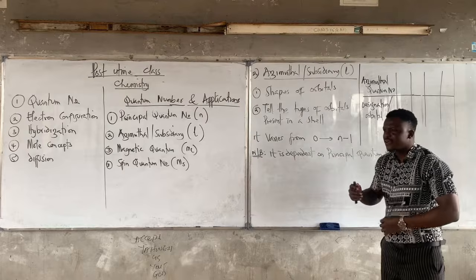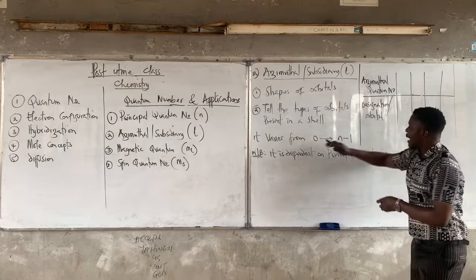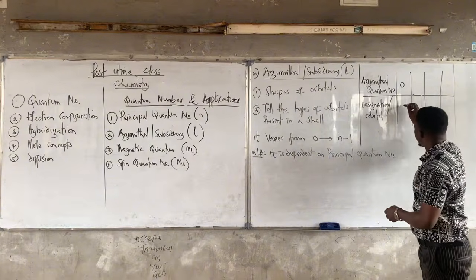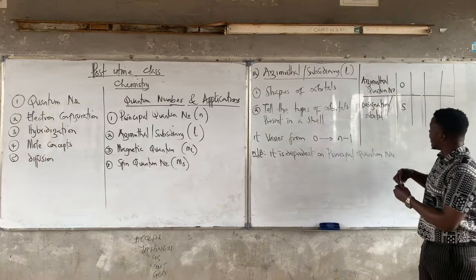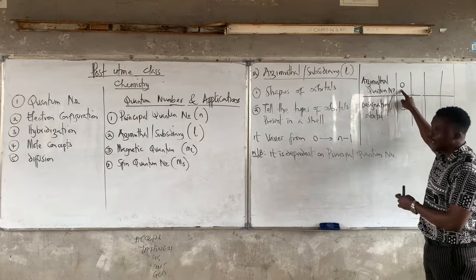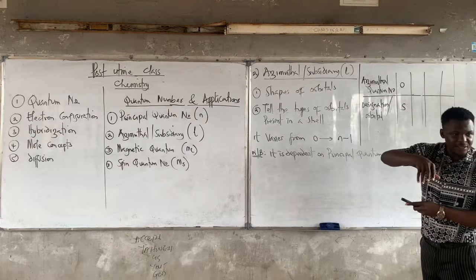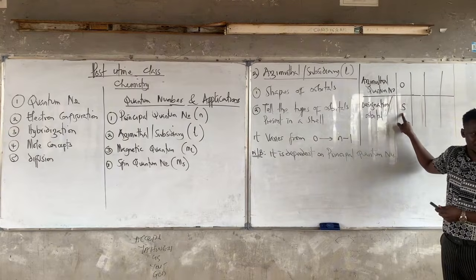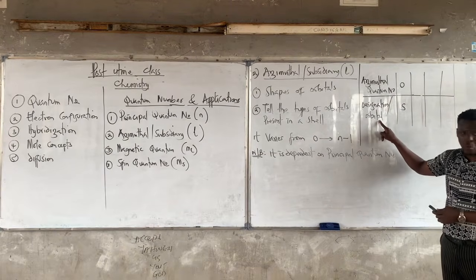Azimuthal says if I have a value of 0, note that this value of 0 is for the s orbital. Remember we said azimuthal, so in place of this I'm going to put numbers, right? Now this is what is translating the numbers to the various orbitals. This stuff you're seeing is the designation of the orbital.